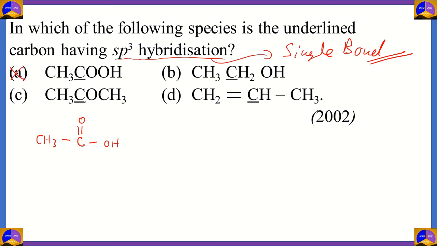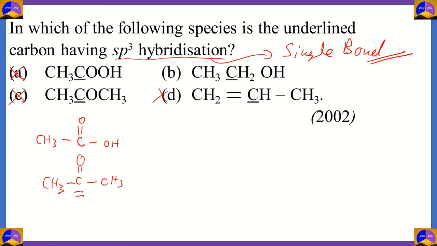A similar story goes for option C, the ketone. This is basically acetone. Again, acetone has a C double bond O, which is attached to CH3 and CH3. So that carbon is again not sp3 hybridized, so option C is incorrect. Option D is propene, and you can see that the carbon that gets underlined has the double bond, so it does not have sp3 hybridization, so option D is incorrect.